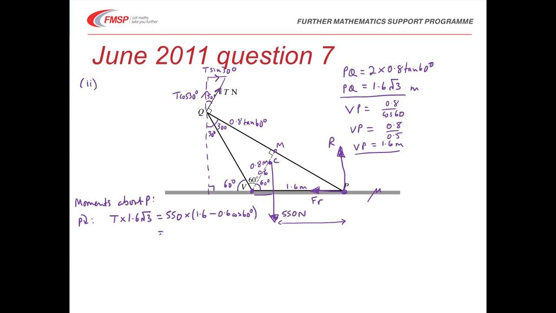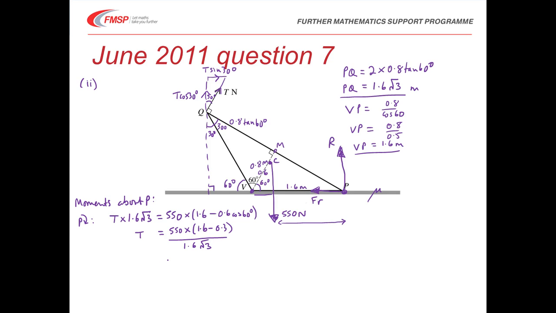Well, since cos 60 is a half, this bit over here is in fact 550 times 1.6, take away half of 0.6, 0.3. So if I divide through, T is all of that divided by 1.6 root 3.